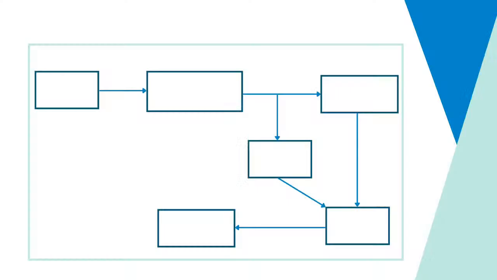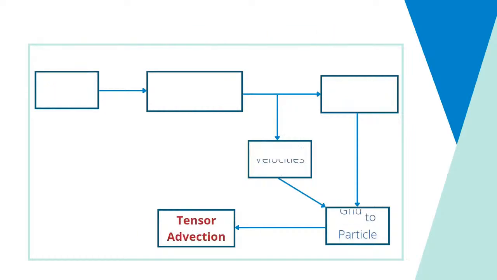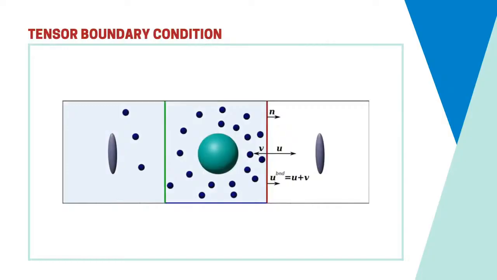Using the classic FLIP approach, we propose a modification to the projection and advection modules. One contribution of this paper is the definition of new boundary conditions. In this figure, the fluid-empty boundary is highlighted in red. Its face has a velocity u.